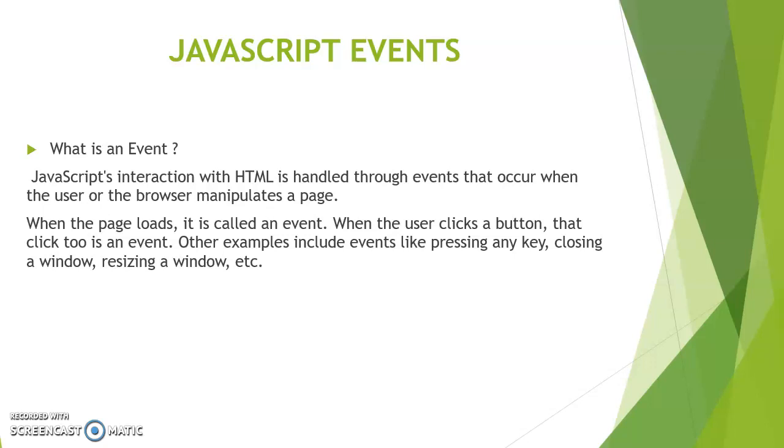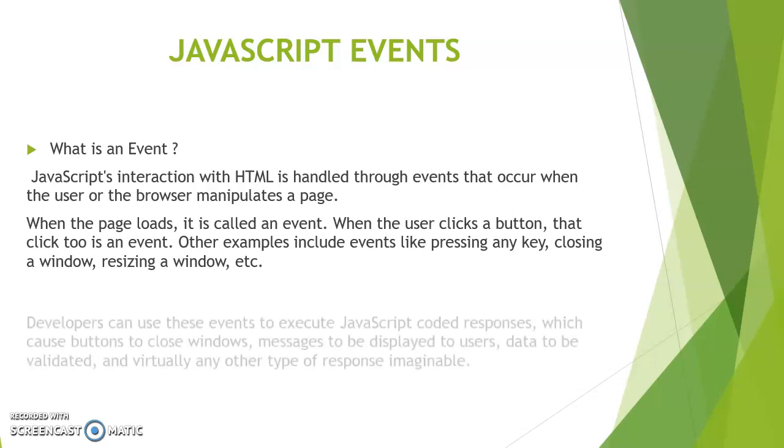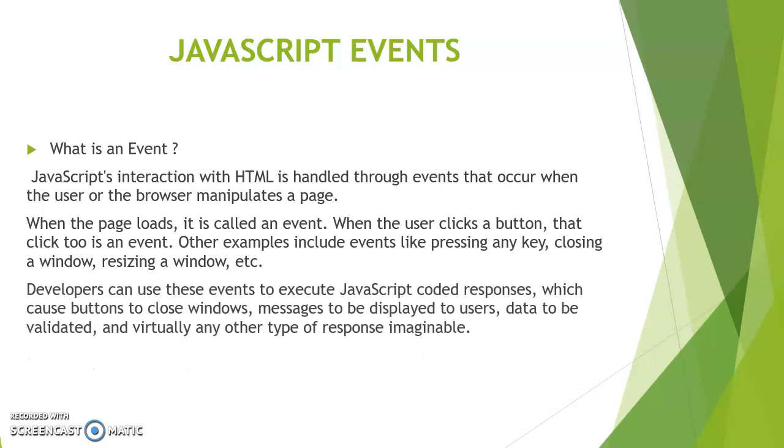Other examples include pressing any key, closing a window, resizing a window, etc. Developers can use these events to execute JavaScript coded responses, which cause buttons to close windows, messages to be displayed to users, data to be validated, and virtually any other type of response imaginable.